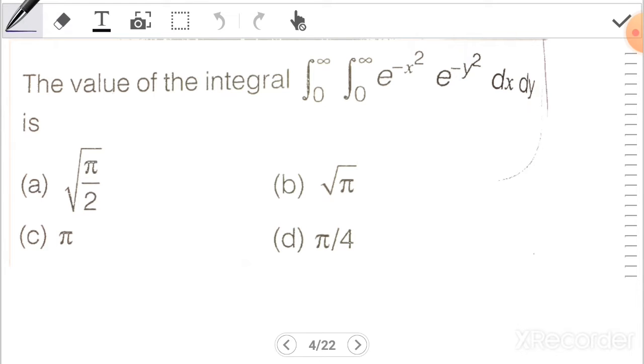The value of the integral 0 to infinity and 0 to infinity e power minus x square e power minus y square dx dy. So here e power minus x square is given in the integral, so the gamma function can be used to solve this.